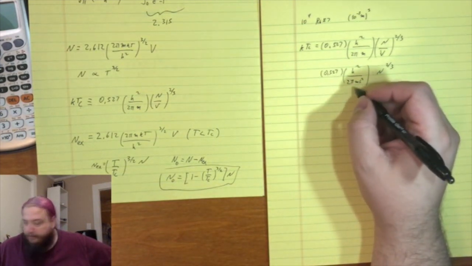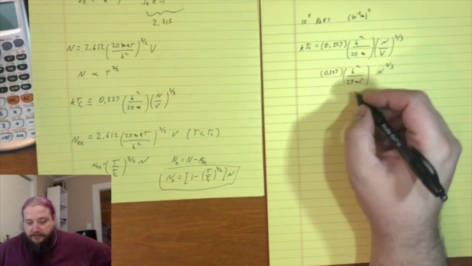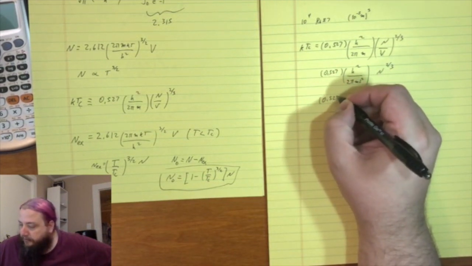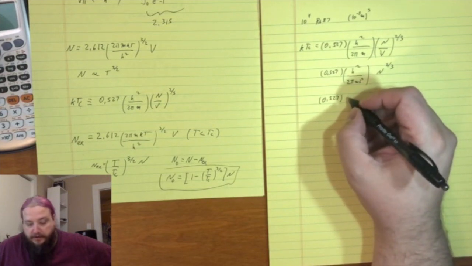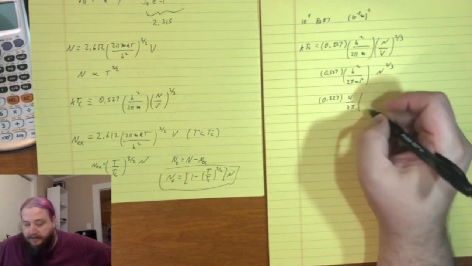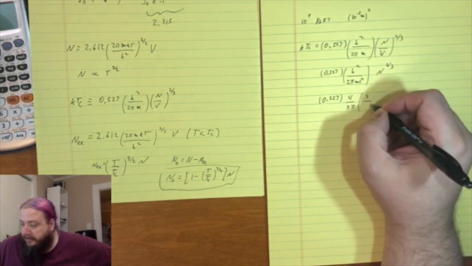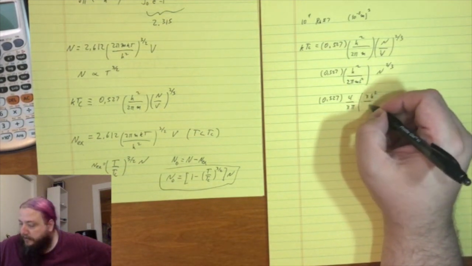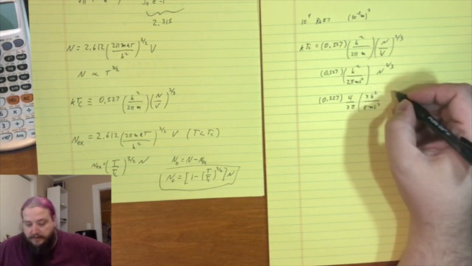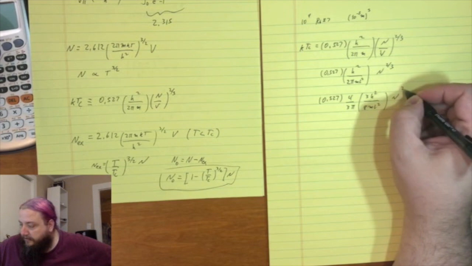And if we manipulate things just slightly, this is 0.527 times 4 over 3 pi, 3h squared over 8 m l squared, n to the 2/3.